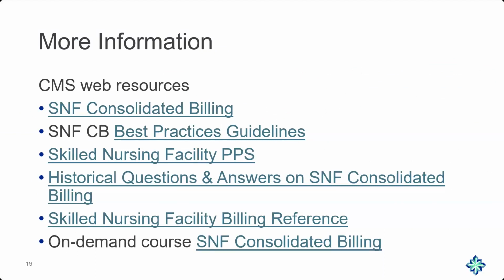Someone did ask a question on that, and it's the method in which a skilled nursing facility bills versus most other providers. Remember, inpatient claims are billed on 30-day increments, and the first increment must process before the second, must process before the third, must process before the fourth. That would be for 100 days.